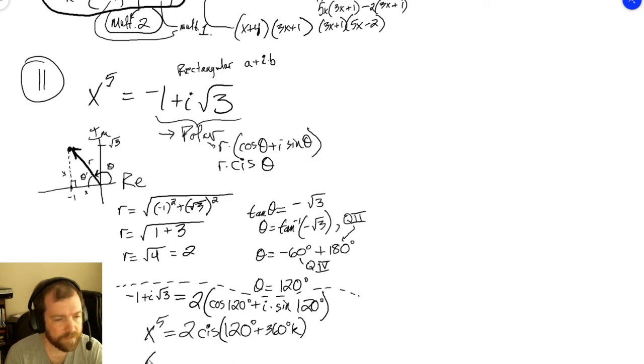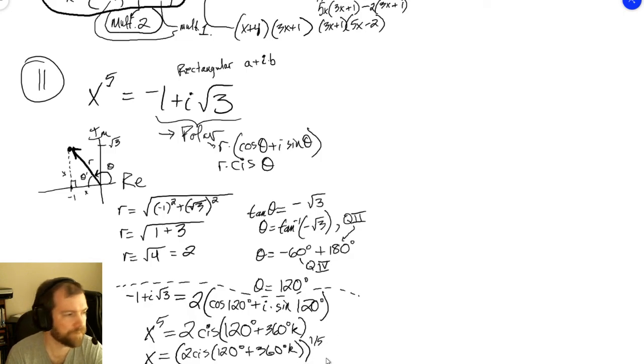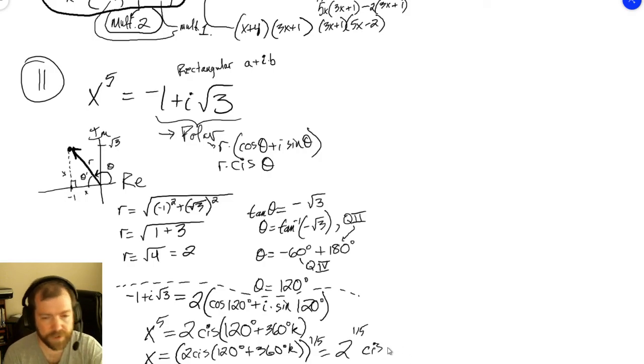Which means that x can be 2 cis parentheses 120 degrees plus 360 degrees k raised to the 1/5 power. This is going to be 2 raised to the 1/5 power times the cis of, using de Moivre's theorem, the cis of 120 plus 360 degrees k, all raised to the 1/5 power, allows this to come in as a multiplier on the inside of this function.